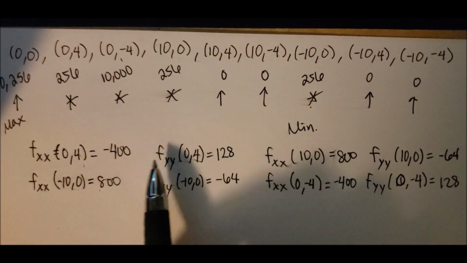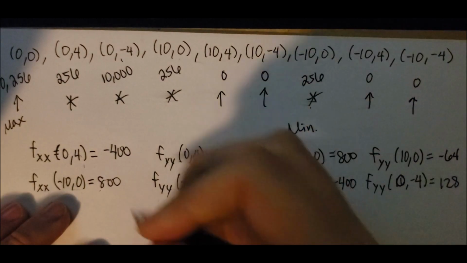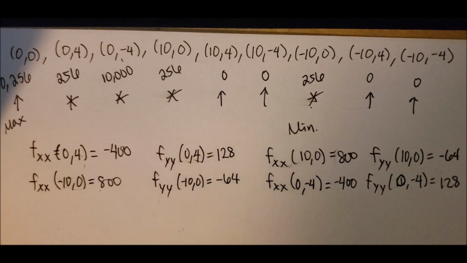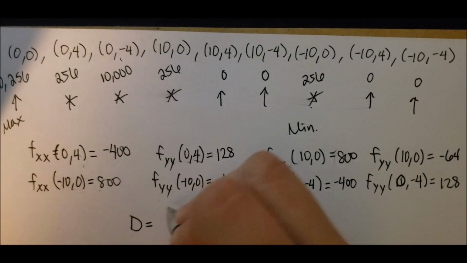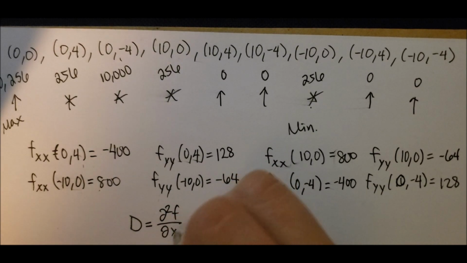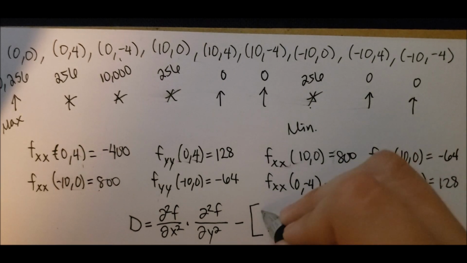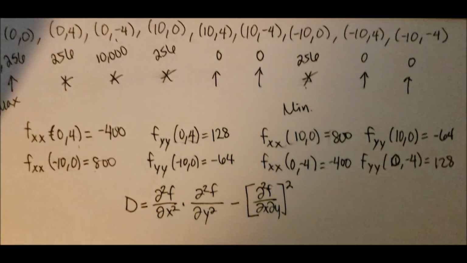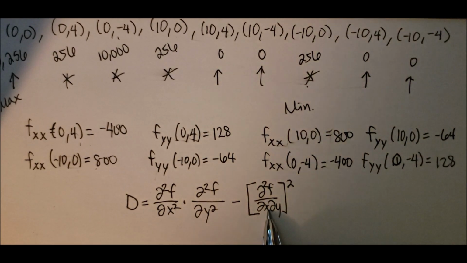So a saddle point is when the derivatives are opposite sign. So you have D, and here the mixed partial is 0.